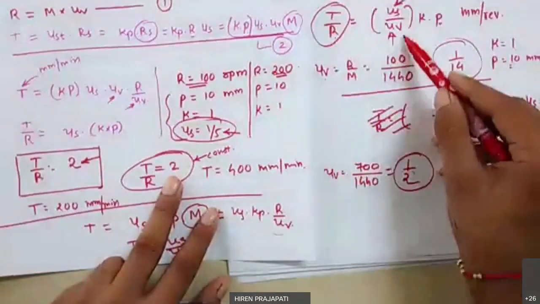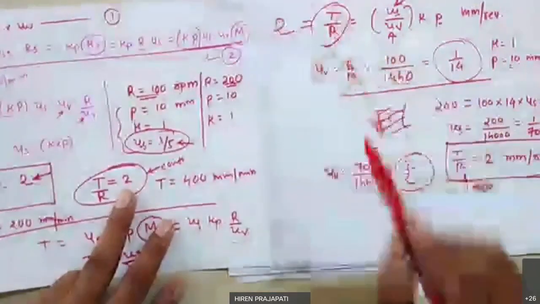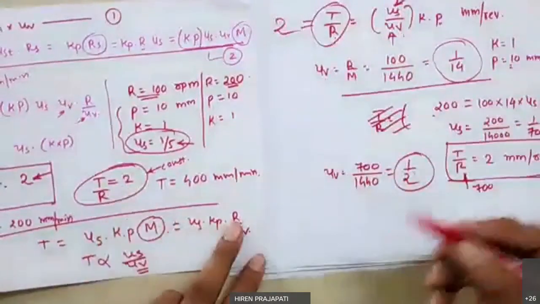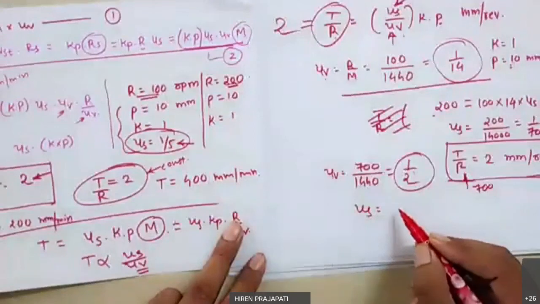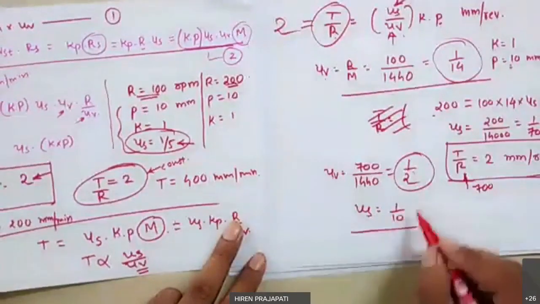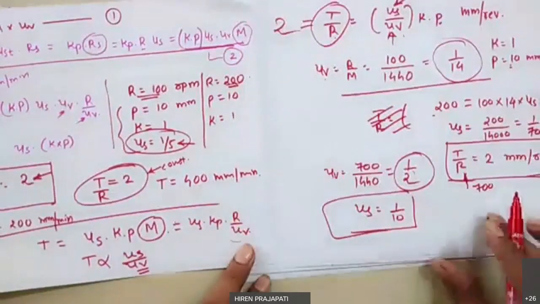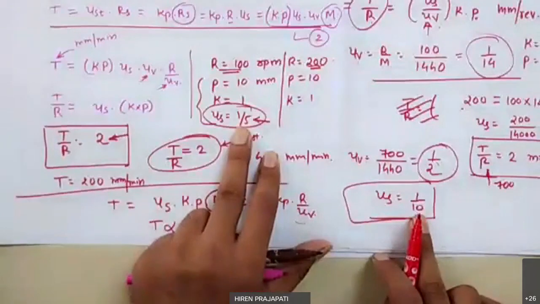If UV is changed and your T by R is changed, but I want to maintain it as a constant 2, then what should be US? So if you calculate US, you get US equal to 1 by 10. So I need to change it. Earlier US was 1 by 5, but now I need to change it to 1 by 10.